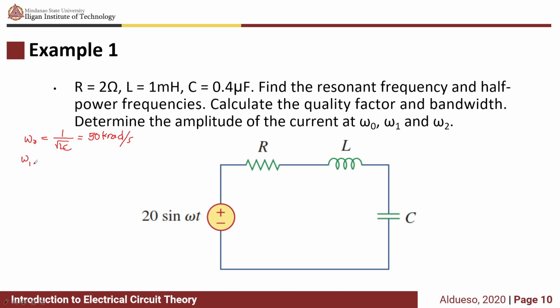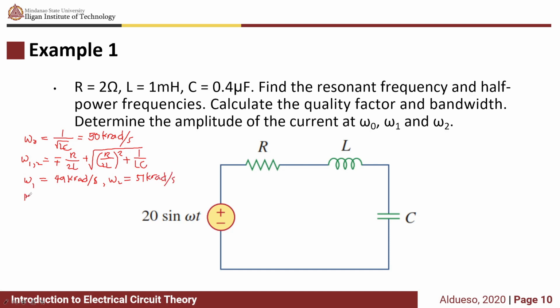Omega 1 and omega 2 can be calculated using this formula: negative or positive R over 2L plus square root of R over 2L squared plus 1 over LC. So we have omega 1 equal to 49 krad per second. Our omega 2 is equivalent to 51 krad per second.